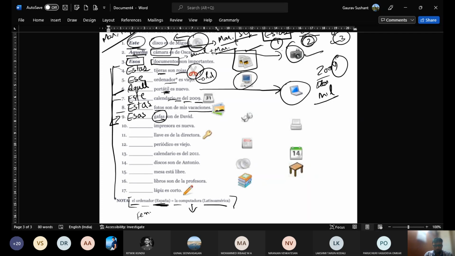You selected the correct group, but within that you have to choose the correct one. So it is esas, no? Gafas. This is quite understood. Gafas is plural, and if you remove s, it is feminine. That's how we do it. So remember these things because just by selecting a group is not enough. Within that group, you have to select the one. Okay, that is the important.